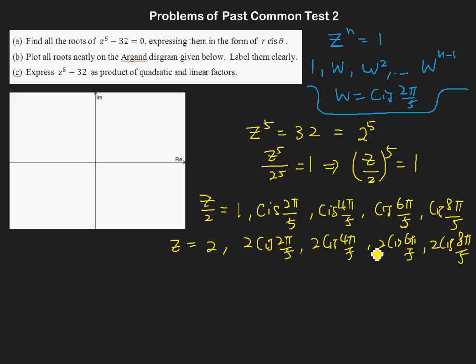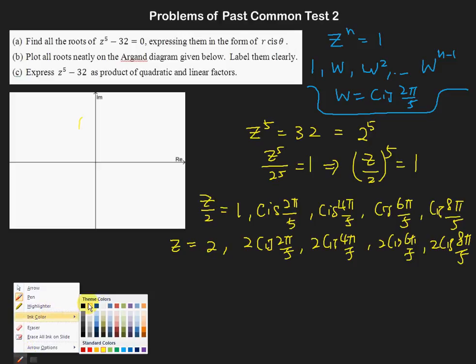Now before we do part B to plot all these solutions, note that they all lie on a circle of radius 2. So let's try and draw a circle.